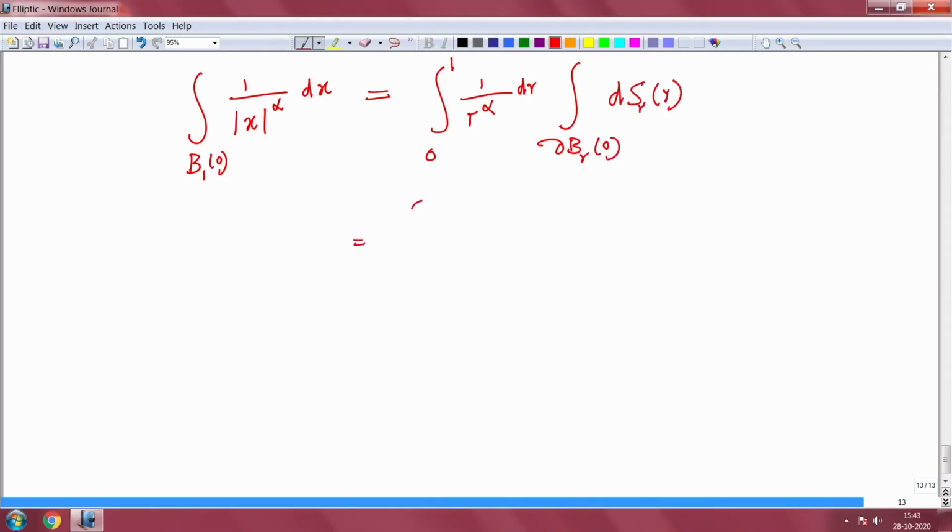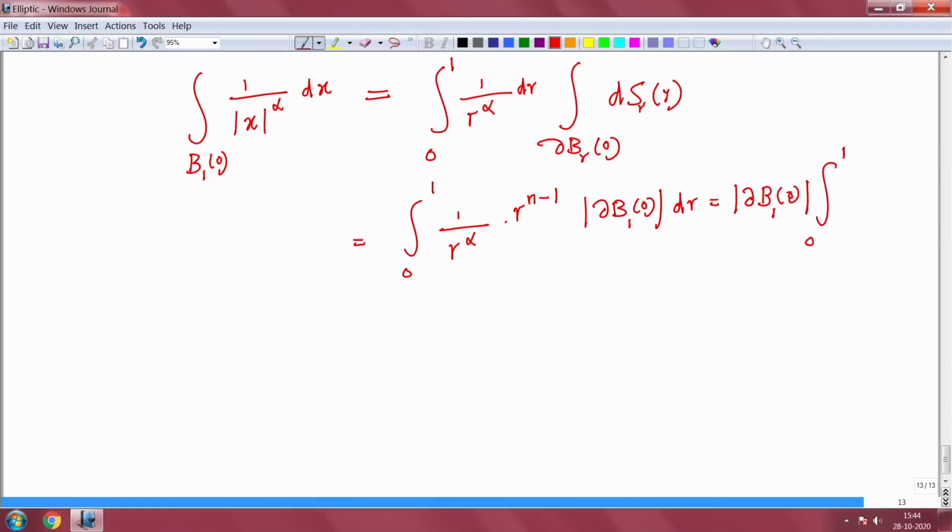But that is the volume, right, that is the surface area. So, you will have the integral from 0 to 1 of 1 by r to the power alpha, and this is nothing but r to the power n minus 1 times the volume of the boundary of B1(0), this is independent of r, that we already computed, into dr. So, this is equal to modulus of the boundary of B1(0) times the integral.